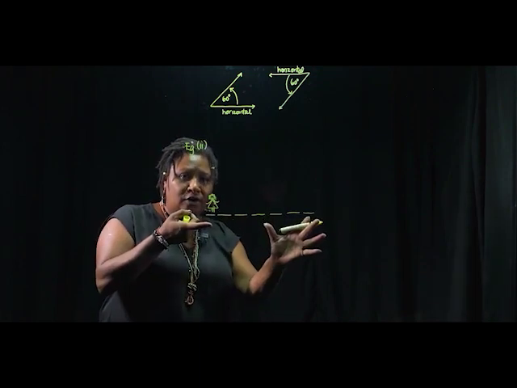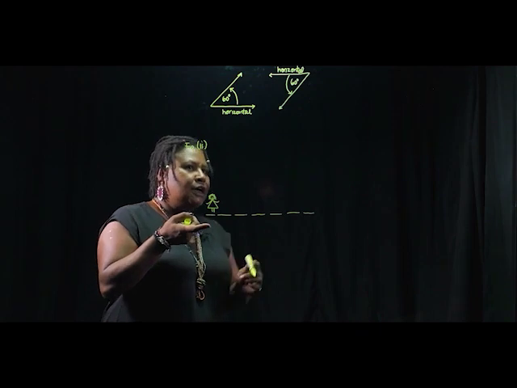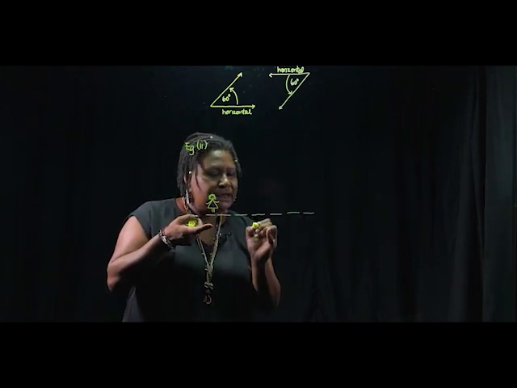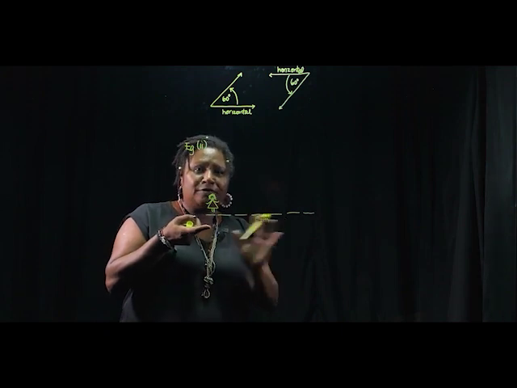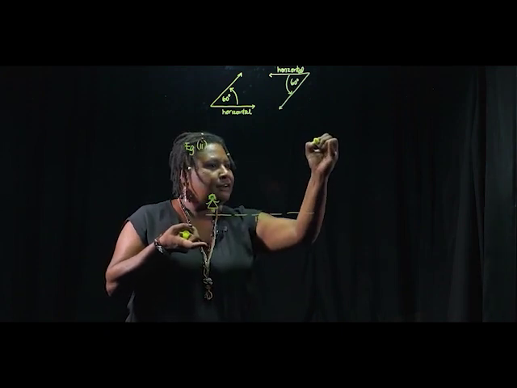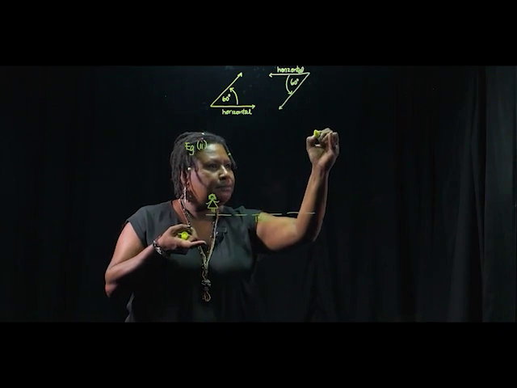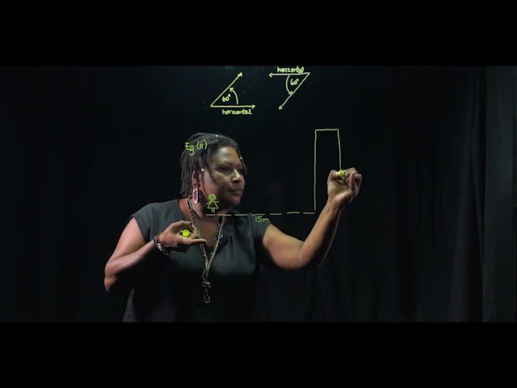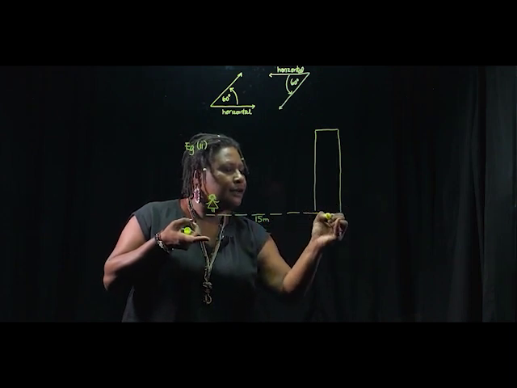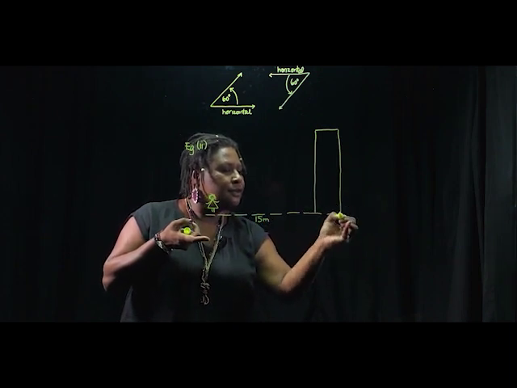That becomes our horizontal. So this building is 15 meters away from where she is standing. Let's draw our building. All right, that's our horizontal.